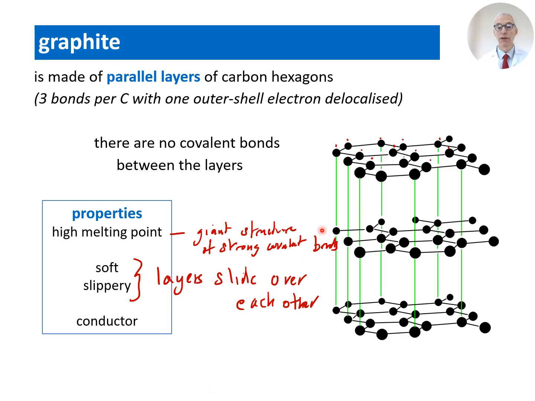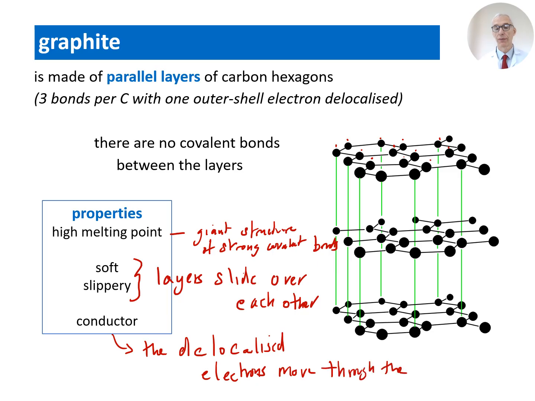There are no covalent bonds between the layers, so the layers can slide left or right without there being an energy barrier. Conduction. The delocalized electrons move throughout the structure. And of course, they carry charge.